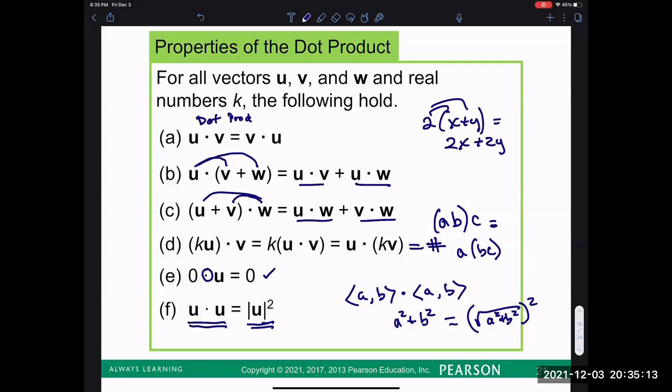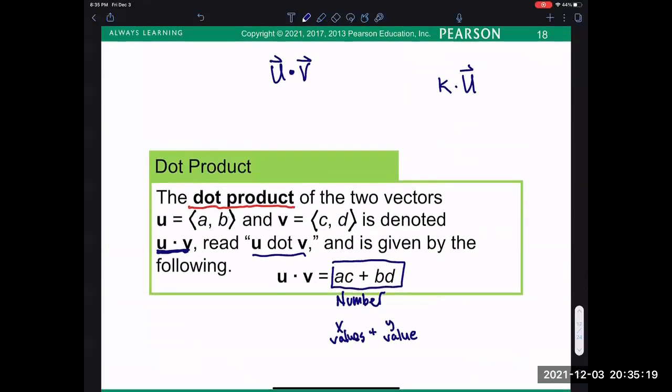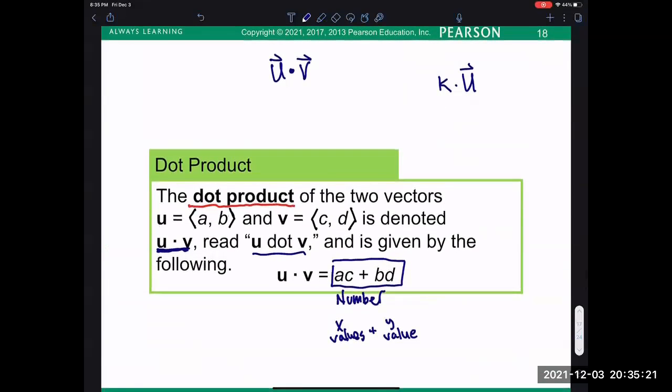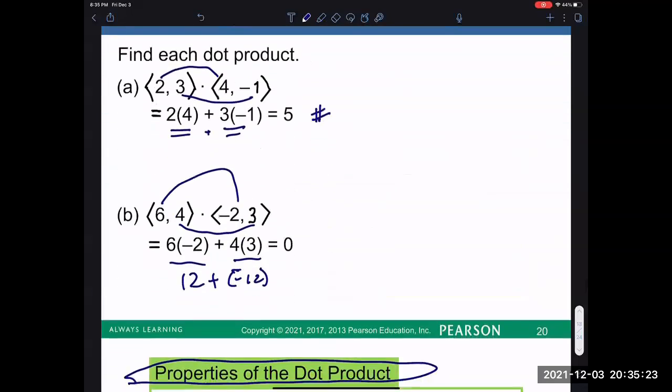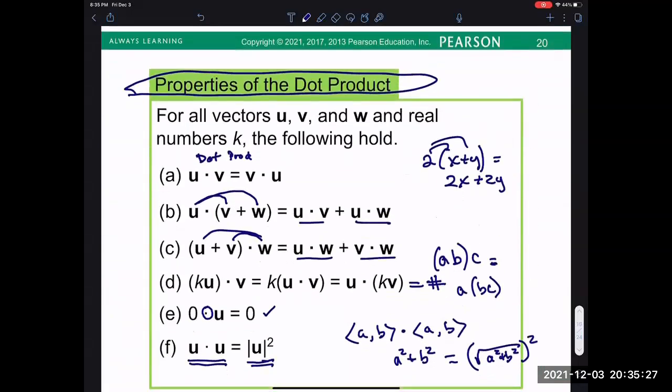So these are all properties of the dot product and how the dot product is defined up here, this little formula, the sum of the x's and the y's multiplied together. This leads us to all of these things that look like things we've done before in algebra, like the distributive property and the associative property and the commutative property.